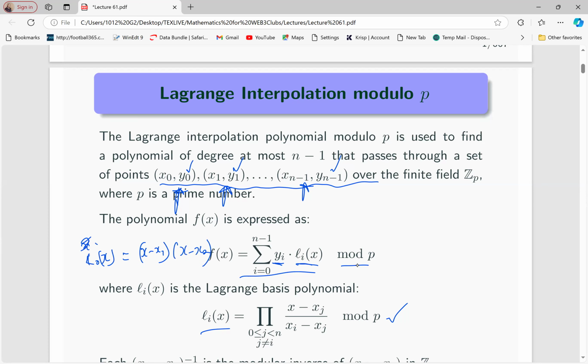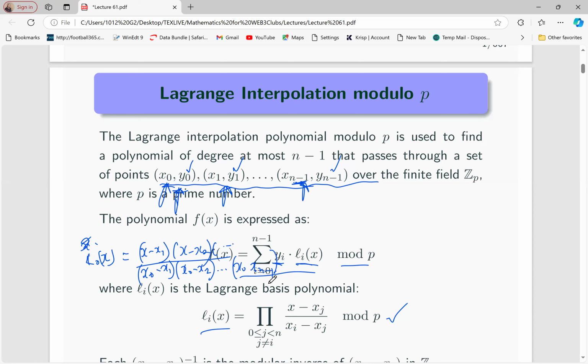So we omitted the point in question. All multiplied all the way up to x minus x(n minus 1). Then divide by the x coordinate of the point in question, x naught minus x1, multiplied by x naught minus x2, and all the way up to x naught minus x(n minus 1).